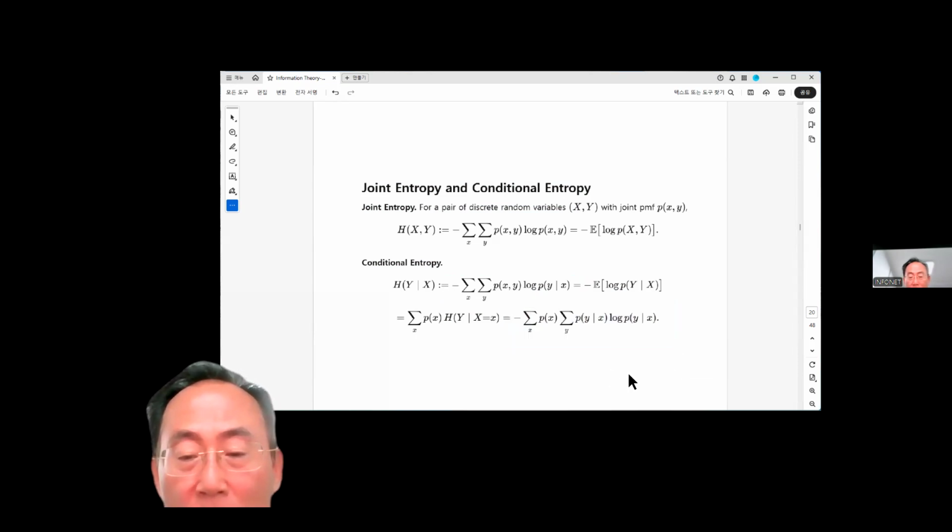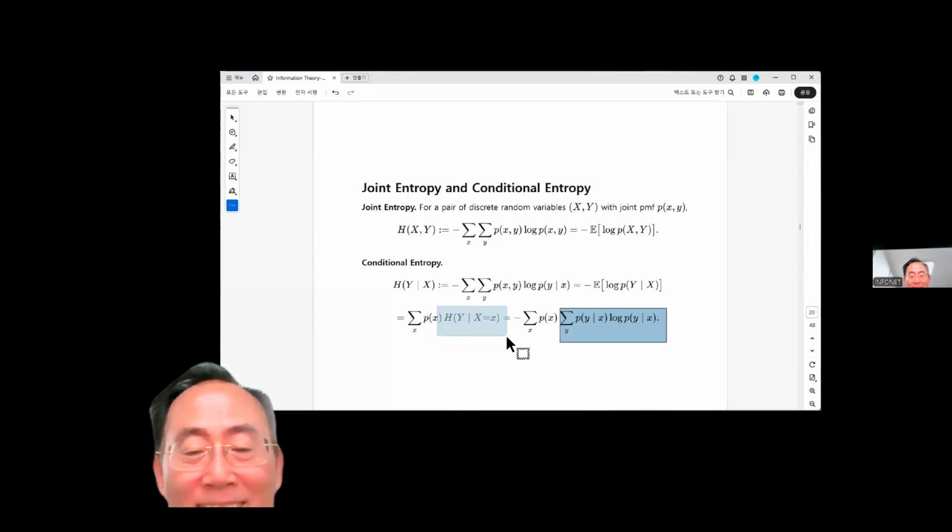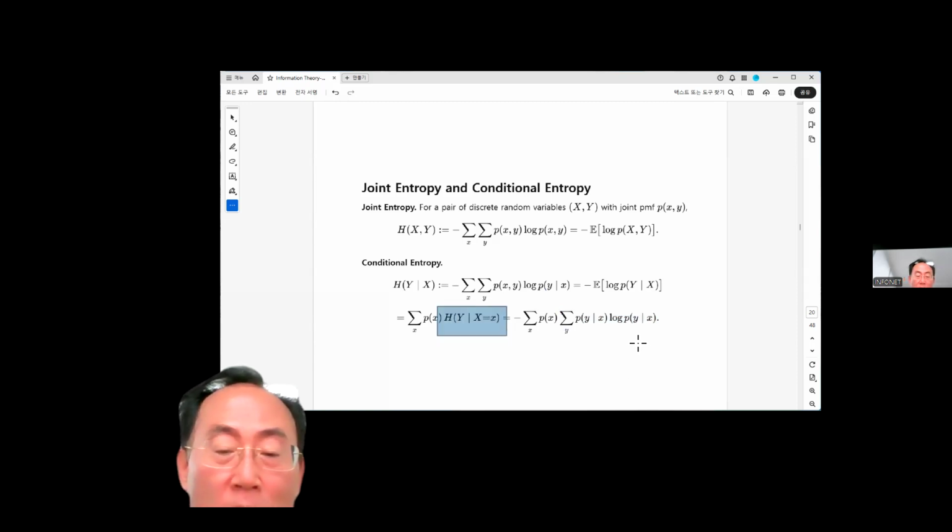And after you have done that, by collecting this part with this part together, we can define that as the entropy of Y given X equal to small x.